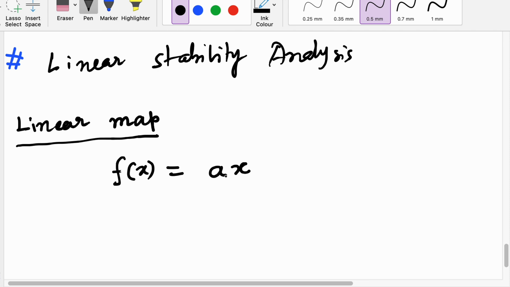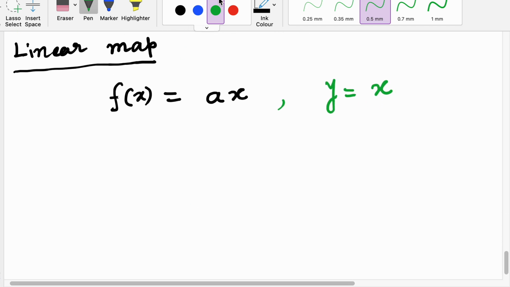So that is the linear map. It will be linearly dependent on x. Now one can ask what is the difference between this and the identity map? The identity map is nothing but y equal to x. So let me draw this.